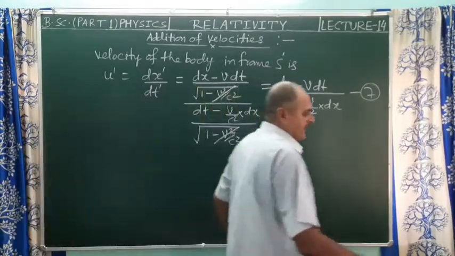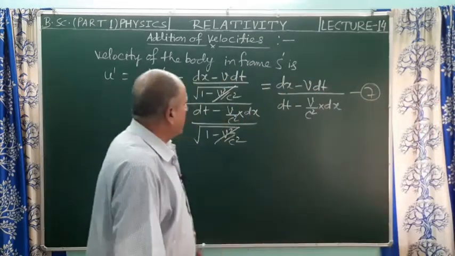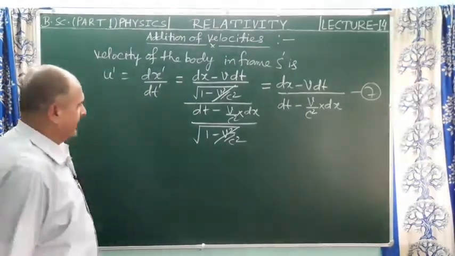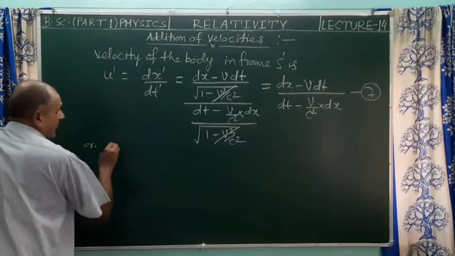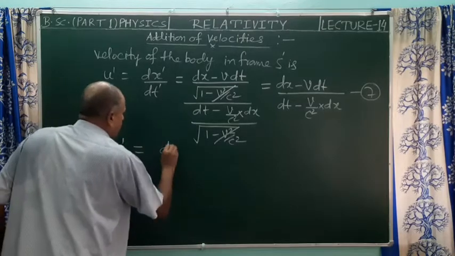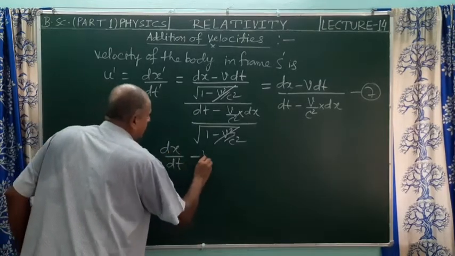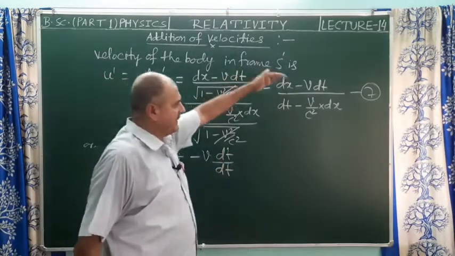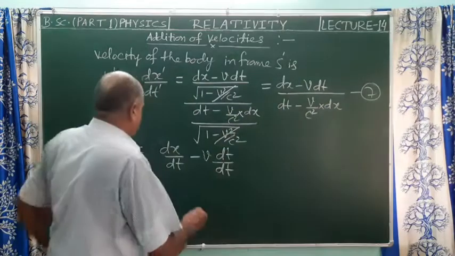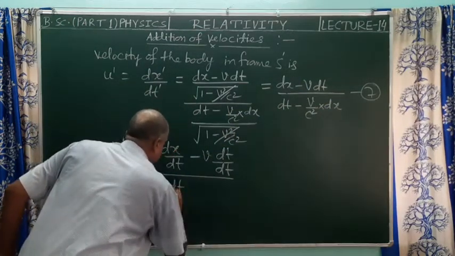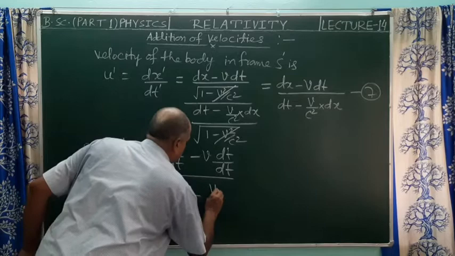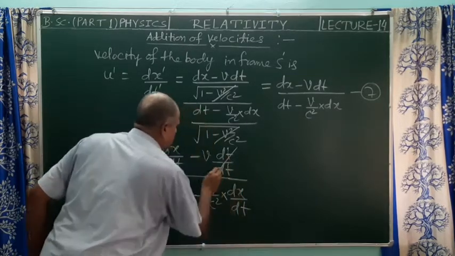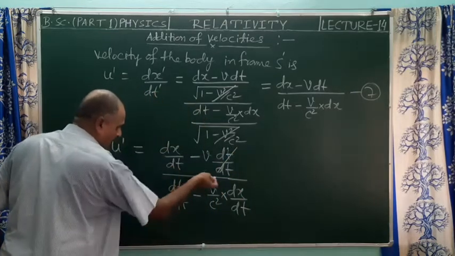और उसके बाद फार्मूला भी ऑब्टेन हो जाएगा, relativistic formula for addition of velocities which was given by Einstein. And we have u dash equals dx upon dt minus v dt upon dt, dividing numerator and denominator by dt in RHS of equation 7, upon dt minus v by c square multiplied by dx upon dt. dt and dt will cancel out here in the first term, denominator also dt.